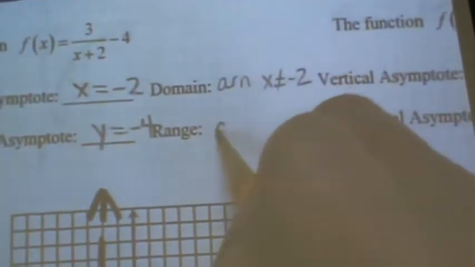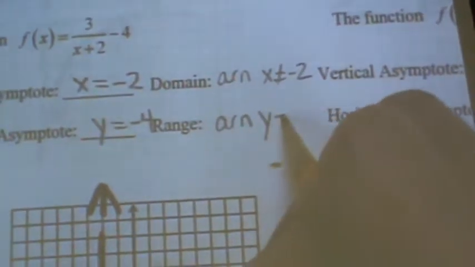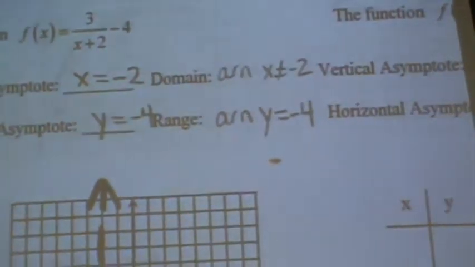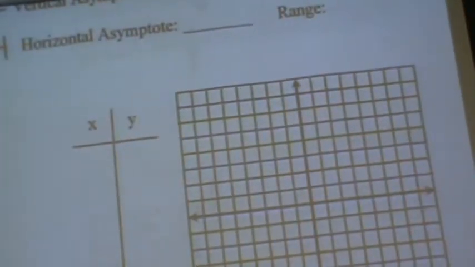That's your graph. Your domain is all real numbers, x cannot be -2. The range is all real numbers, y cannot be -4. So that's that one. And the last one.